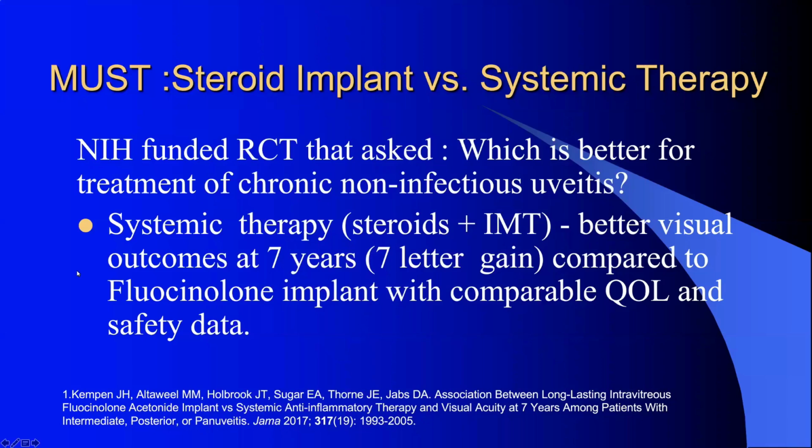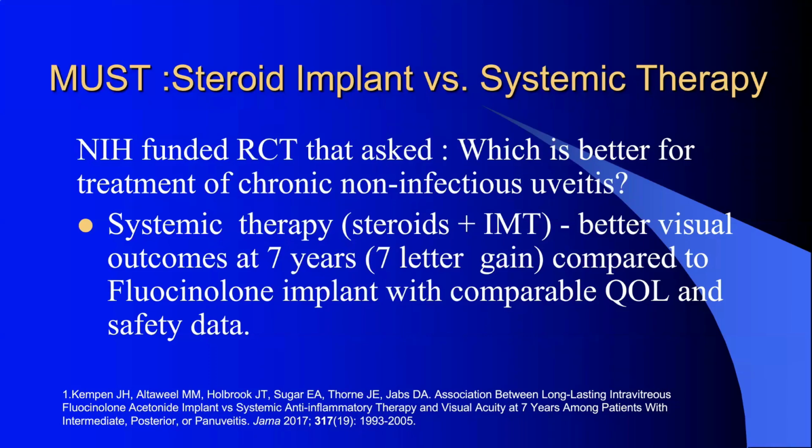What the MUST steroid implant trial ultimately showed is that at the 7-year mark, and now we have even longer data, systemic therapy, especially steroids with immunomodulatory therapy, provided better visual outcomes compared to the fluocinolone implant, with very comparable quality of life and safety data. That's important to remember.